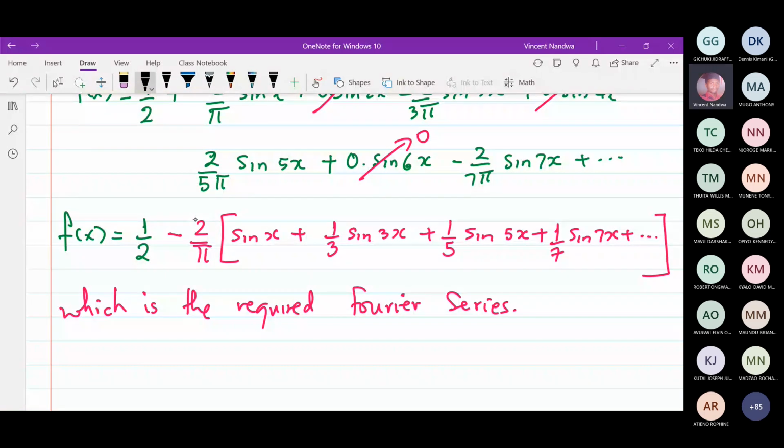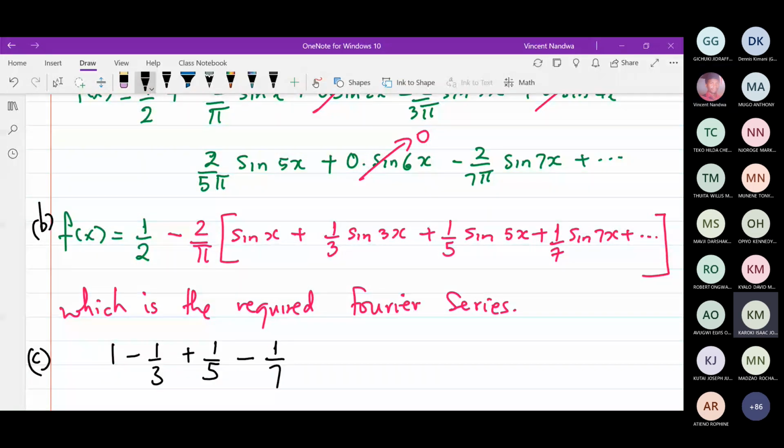We were to use this answer in B to solve some part in C. And the series in C was 1 minus a third plus a fifth minus 1 over 7, plus other terms. So here is where you make use of your sense of sight to get some pattern from the series and probably what you're supposed to do.